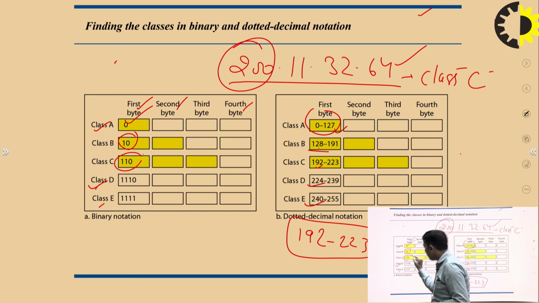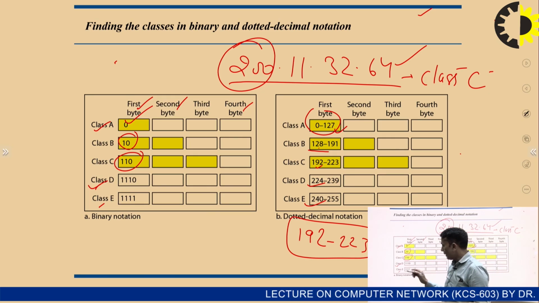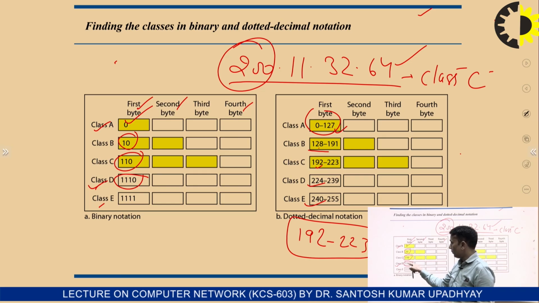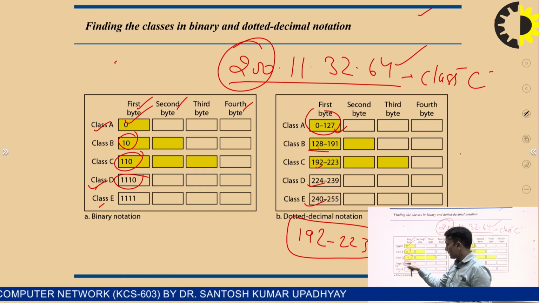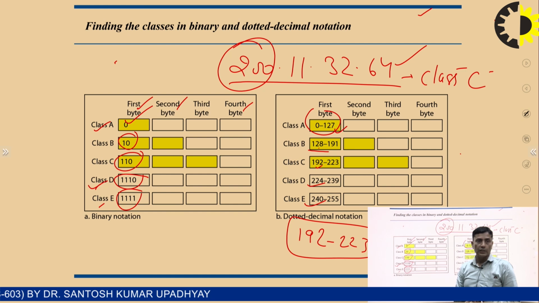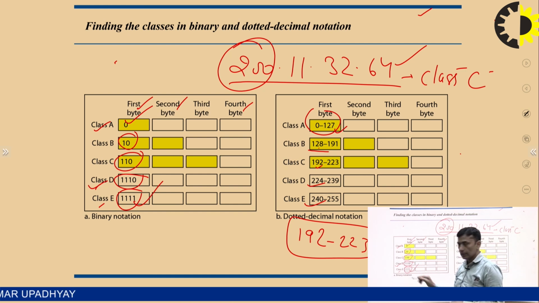If the first 3 bits of the first byte of the IP address are 110, then this belongs to class C. Similarly, if the first 4 bits of the first byte are 1110, then it belongs to class D. And if the first 4 bits of the first byte are 1111, it belongs to a class E address.